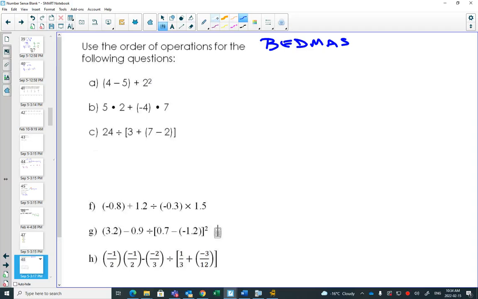What's the first letter of the alphabet that's also a number? No, A is not a number. B is not a number. What is the first letter of the alphabet that's also a number? It's even on your calculator. E. E is a number.